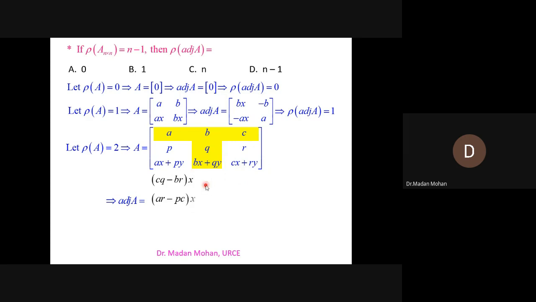Actually C12 is in the cofactor matrix, but its transpose is the adjoint. Similarly, the next one, C13: PBX, PQY gets cancelled. You remain with BP minus QA into X. That is C13, right here as the first column.